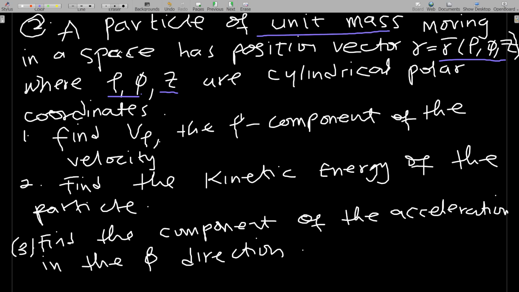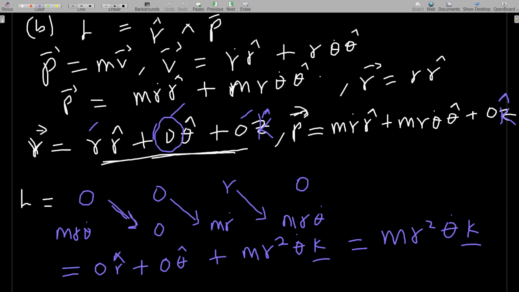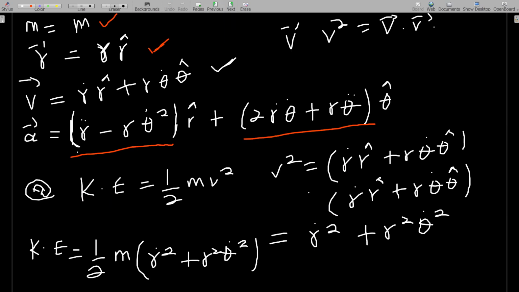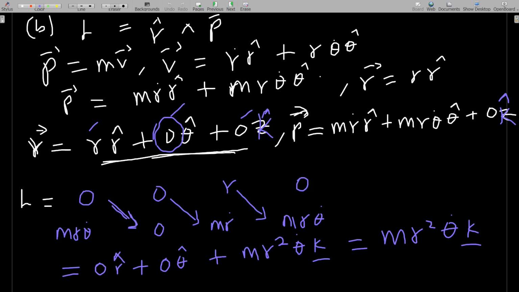So in what I wrote for you first, I said that in polar coordinates, these are your velocity, your position vector, and your acceleration. So we should also write the same thing for cylindrical coordinates. In cylindrical coordinates, your r is given by rho rho cap plus z k.